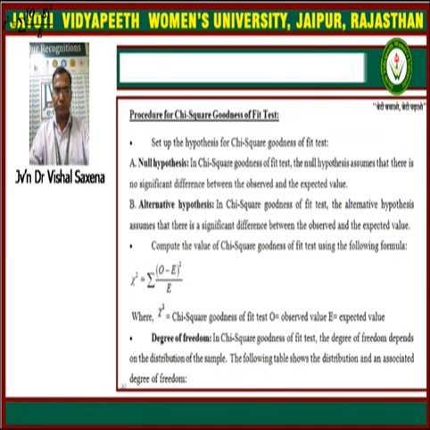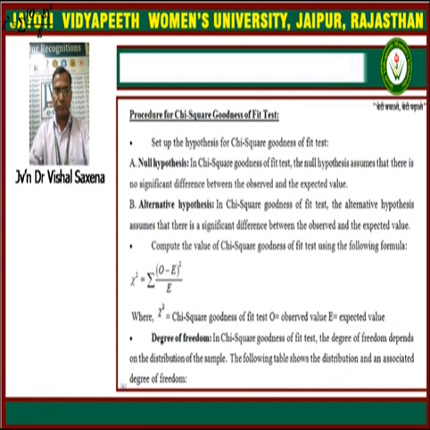For the chi-square goodness of fit test, initially we assume a null hypothesis that there is no significant difference between the observed and the expected value, while in the alternative hypothesis we assume that there is a significant difference between them.